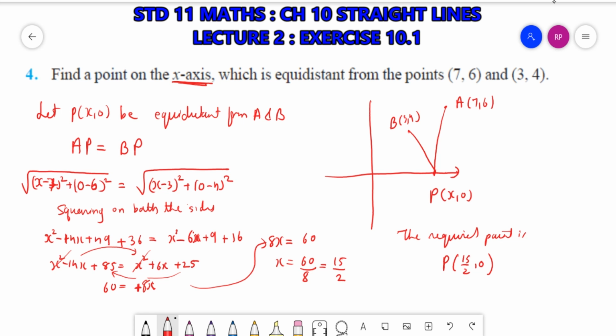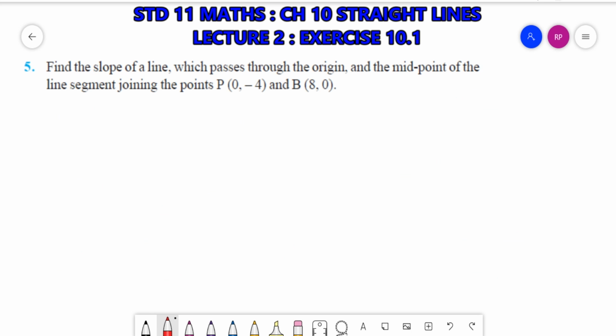Now let's move to the next question. Question number 5. Find the slope of a line which passes through the origin and the midpoint of the line segment joining the points P (0, minus 4) and B (8, 0). First, let's try to draw it.